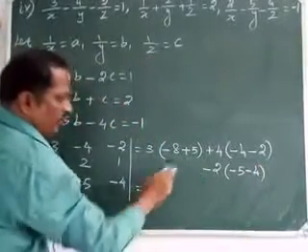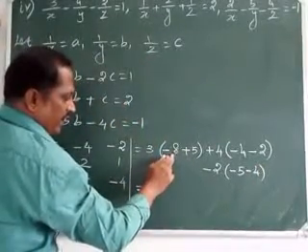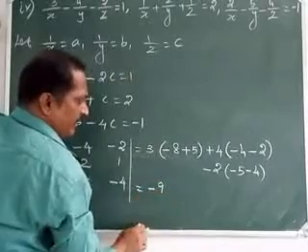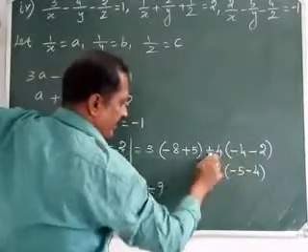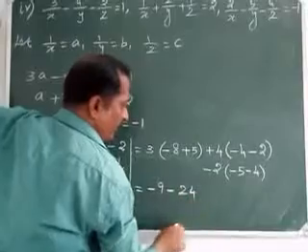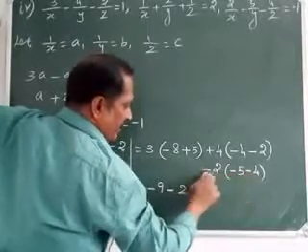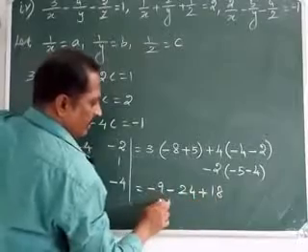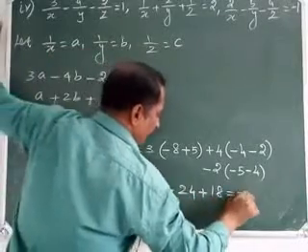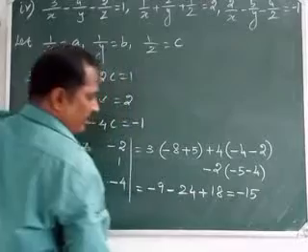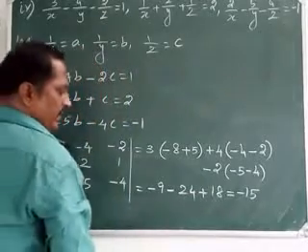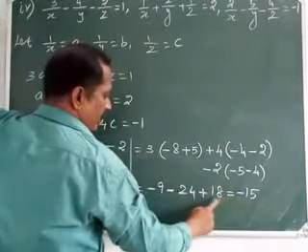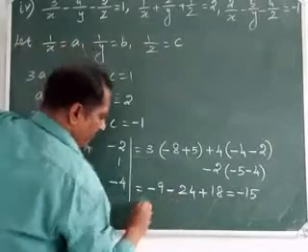So which is equal to minus 3 into 3, minus 9. And the minus 6 into 4, minus 24. Minus 9 minus into minus plus 9, 2 nines are 18. So 9 minus 1 answer minus 15. Check it.